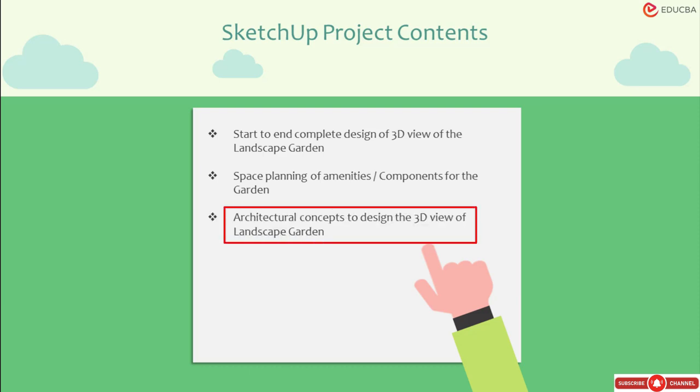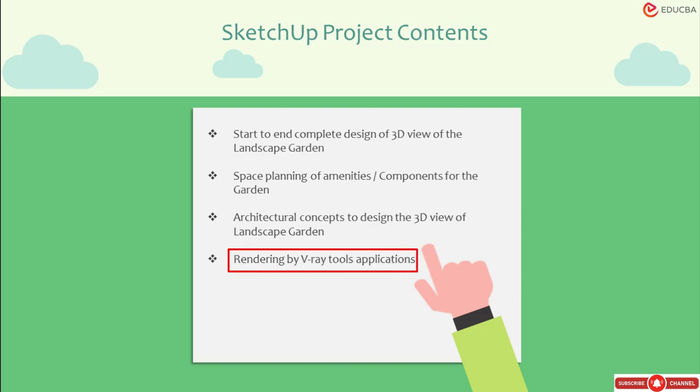Architectural concept to design the 3D view of the landscape garden: in this project, the architectural concept is also important, and while designing the 3D view we will automatically learn it. Rendering by V-Ray tools application.